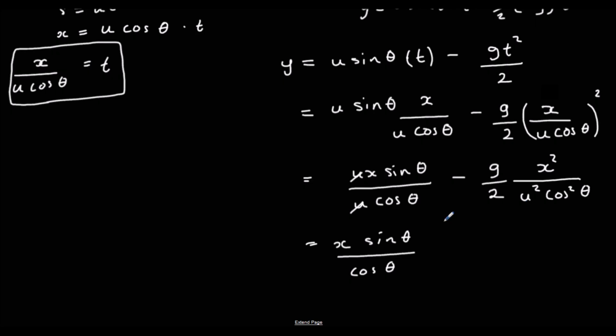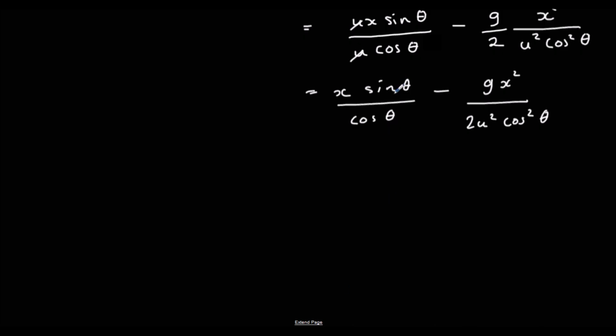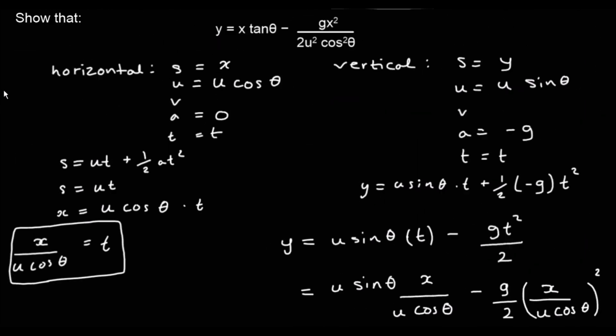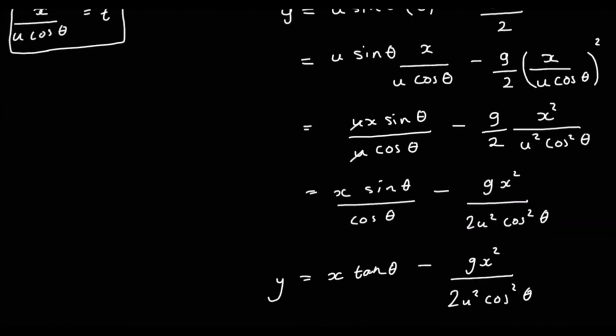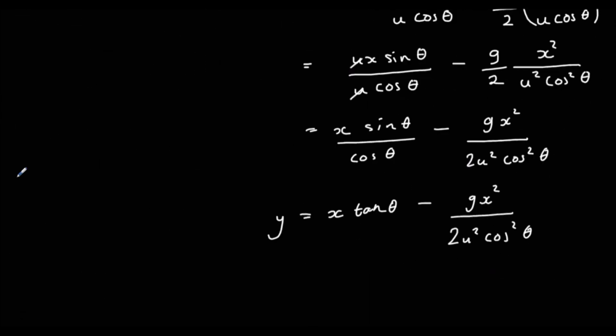And if we multiply these together, that's going to be gx squared over 2u squared cos squared theta. And we can change sine over cos into tan. So that's x tan theta minus gx squared over 2u squared cos squared theta. And hopefully that's what we wanted. So there's our answer.